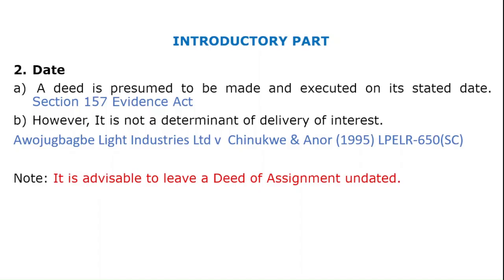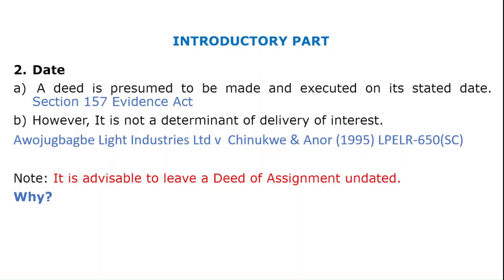So let's say, for example, you have dated that deed of assignment as the 1st of January 2026, and then you submitted it for governor's consent, and you didn't get it by the 31st of December 2026. When it is now time to stamp, the law already told you ahead of time that you must stamp within 30 days, but now you have more than 11 months interval. You are going to pay penalty for those 11 months.